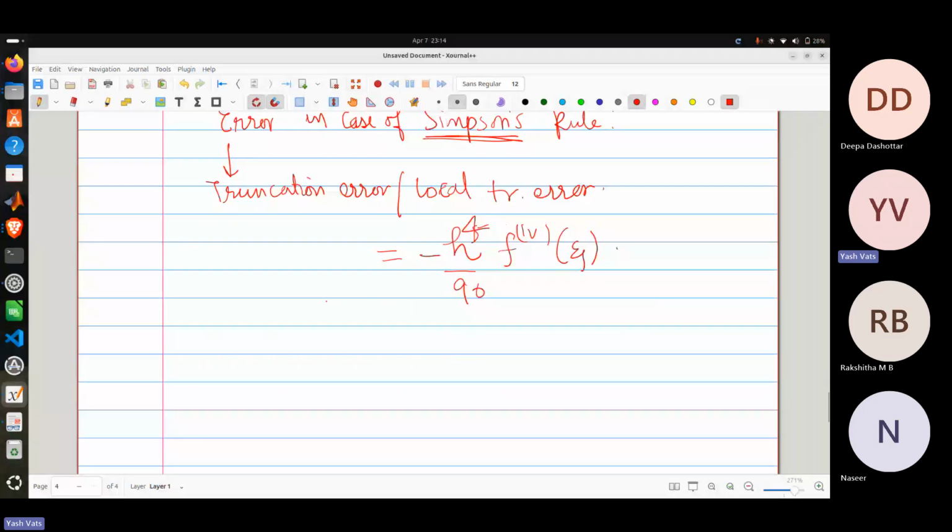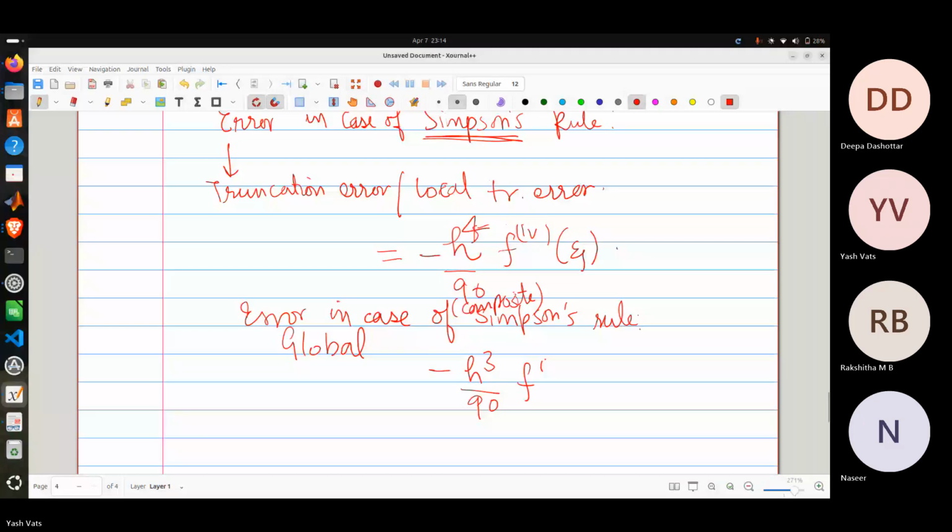So if I'm talking about error in the case of Simpson's composite, basically composite Simpson's rule, in that case the error will be this: minus h cubed by 90 f^(4)(ξ).